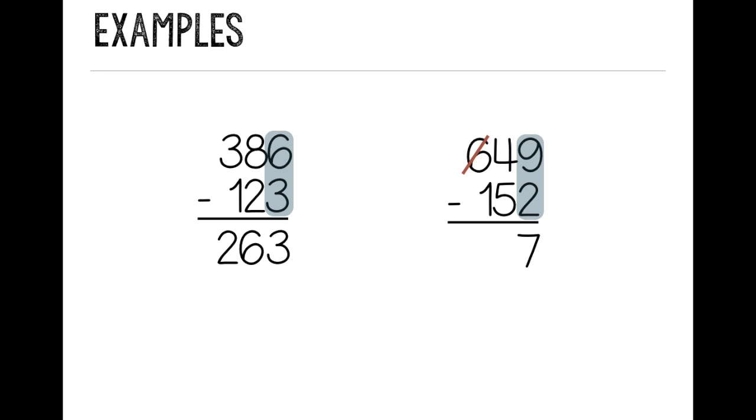So I go to my hundreds place, and the 6 becomes a 5, and then I can add 10 to the 4. 4 plus 10 equals 14, and then I change the 4 into a 14, and I subtract 5, and that gives me 9. Then I look at my hundreds place. 5 minus 1 equals 4, so I get a difference of 497.